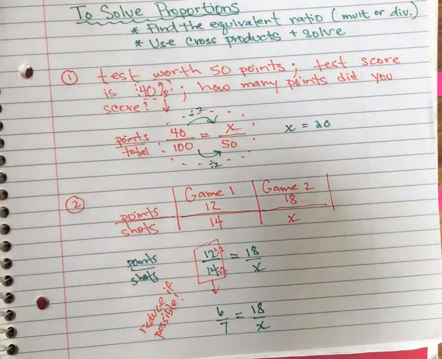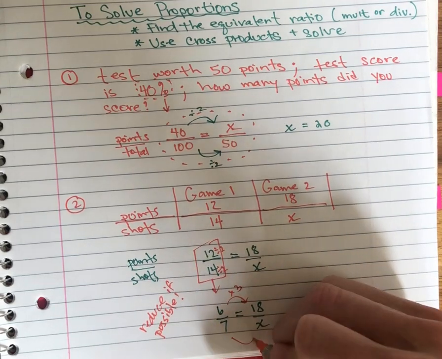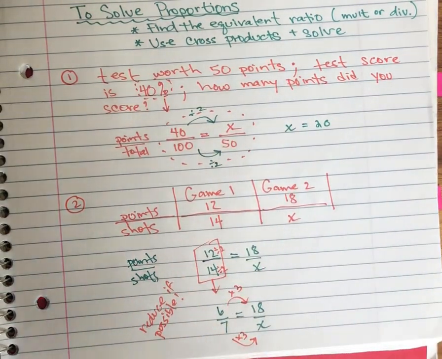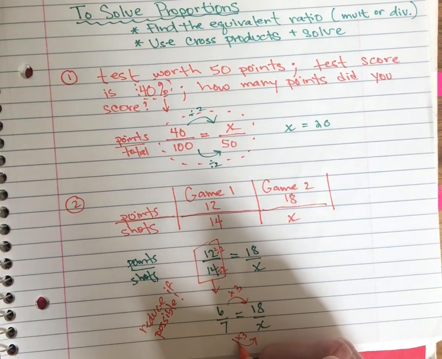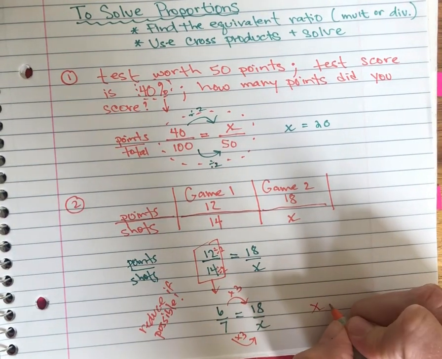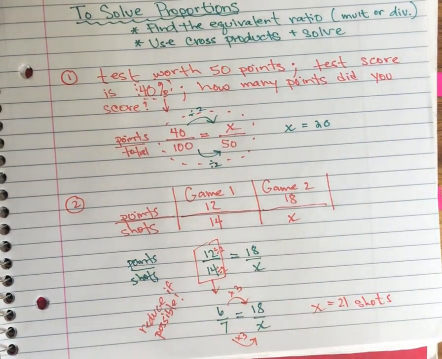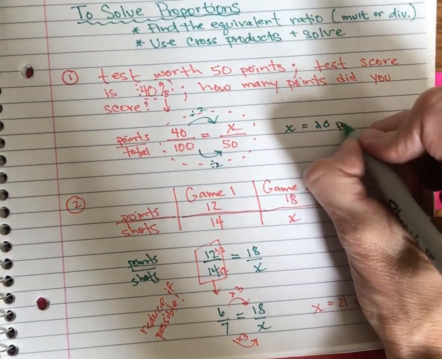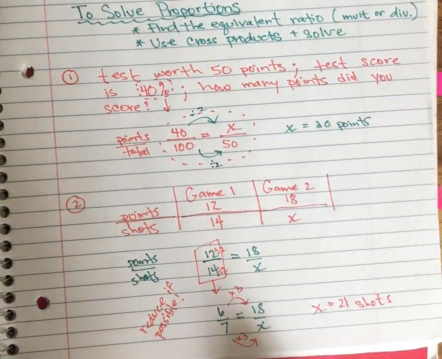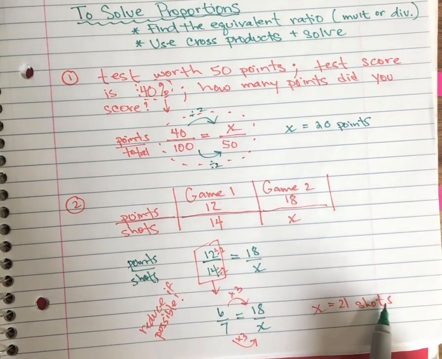And then we can go back to our old method and find our equivalent ratio. Okay, so 6 times 3 is 18, 7 times 3 makes 21, so x equals 21, and it's shots in this case. Okay, I probably should have labeled this points on number 1 now that I'm noticing. Okay, so we have our proportion here, here's our equation, and here's our solution.